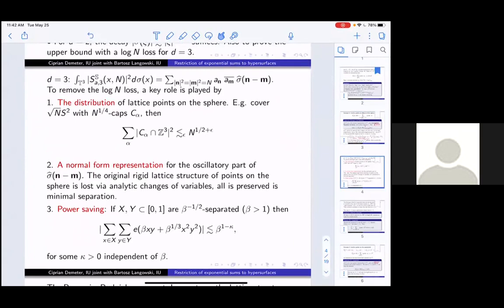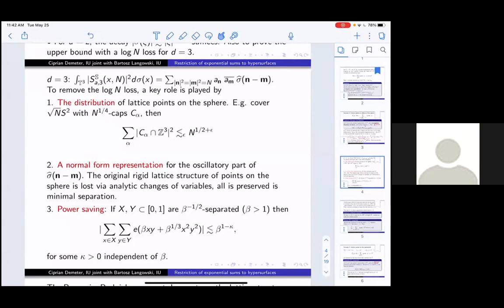Most of their paper, about 30 plus pages, is spent removing this logarithmic loss in 3 dimensions. And since I'm advertising this paper, I'd like to say a few words about their argument. I'd split the argument perhaps in 3 parts, or 3 ingredients.